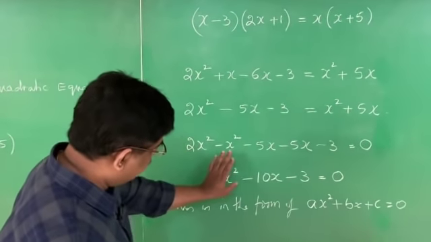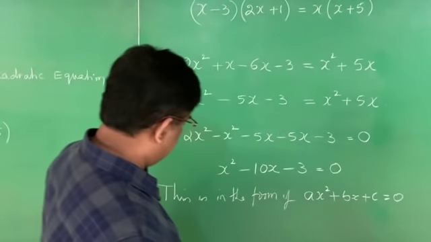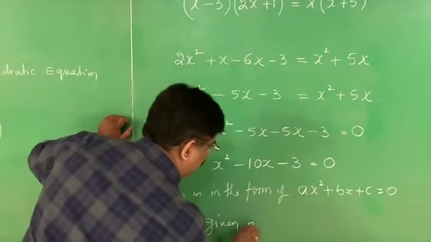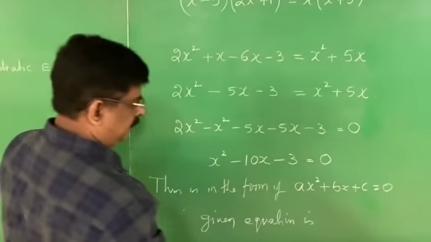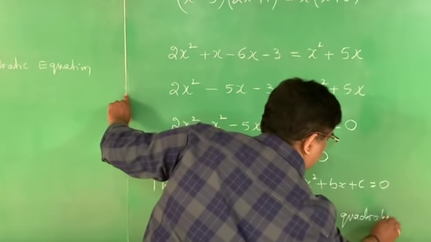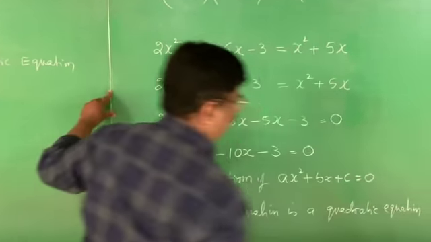Trinomials, 3 terms. X square term, x term and the constant is equal to 0. Therefore, the given equation is a quadratic equation. Simple problem.